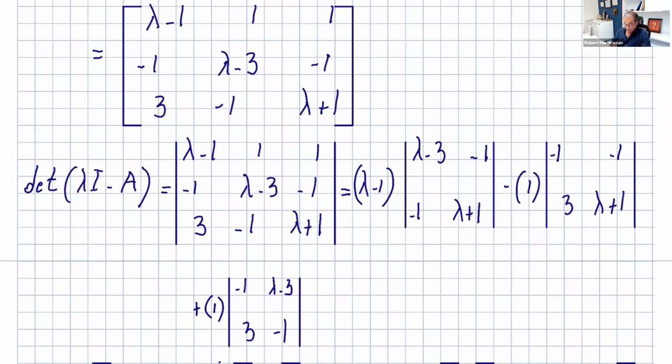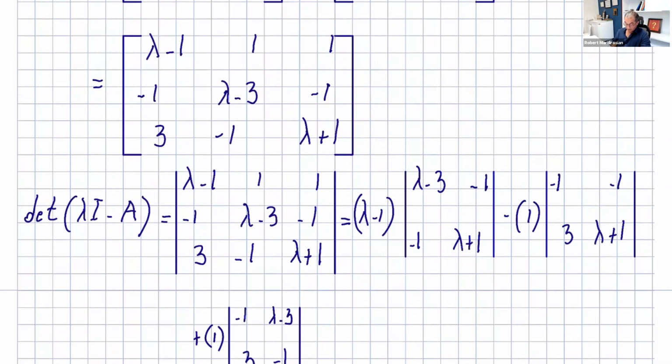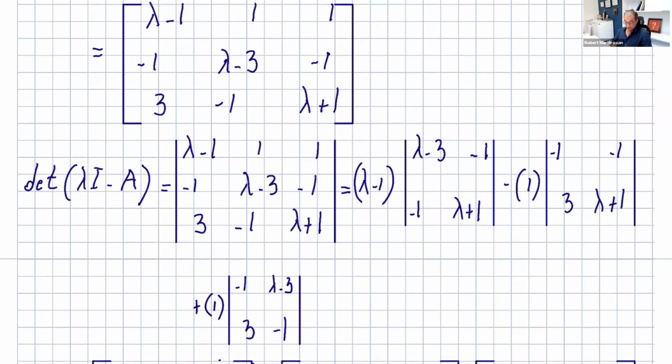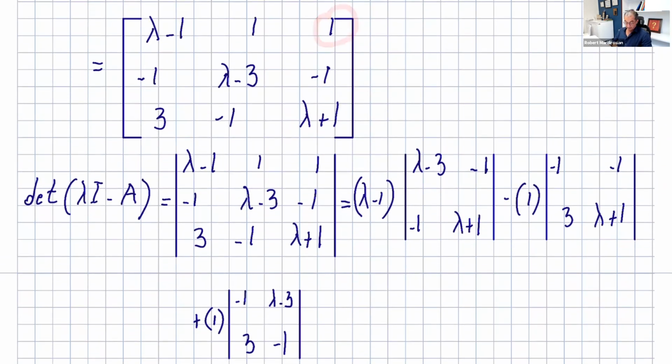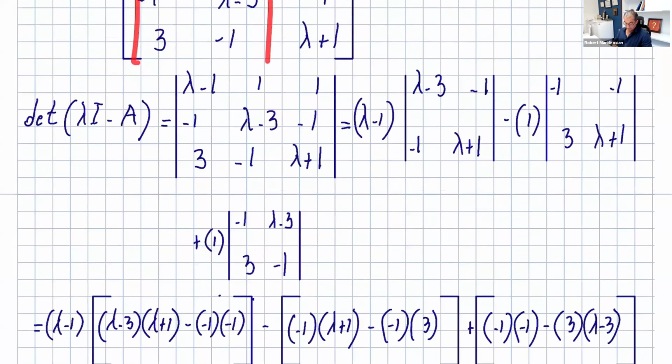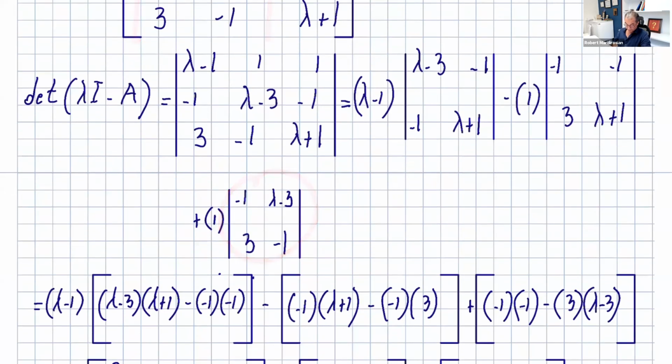So you can write the determinant, and I expanded it along the first row. It's lambda minus 1 times the determinant of that matrix, which is right here. Then -1 times the determinant of that matrix, and finally 1 times the determinant of that matrix, which I wrote here.